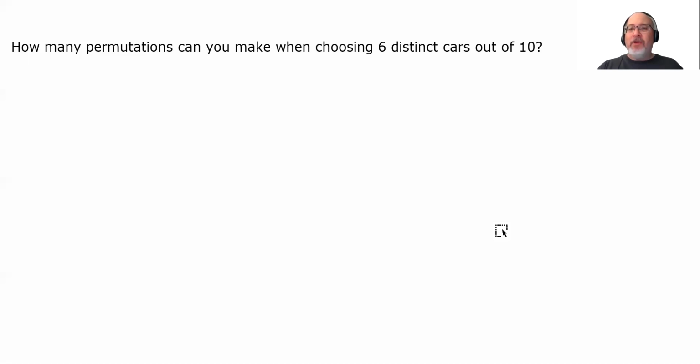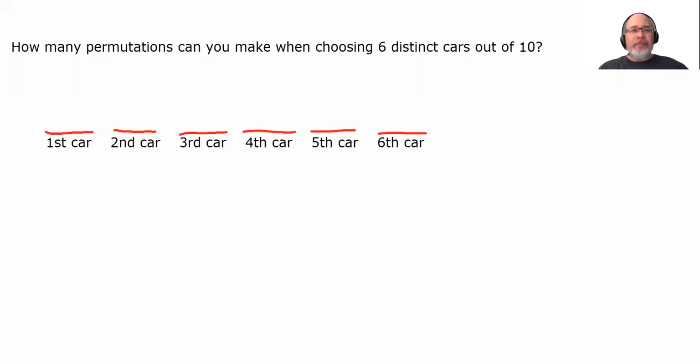When you're using the fundamental counting principle, it sometimes helps to draw some blanks like this, 1 blank for each decision you have to make. We have to decide the first car to park, then the second, and then the third, the fourth, the fifth, and the sixth. And then for each decision, you write down the number of choices you have for that decision.